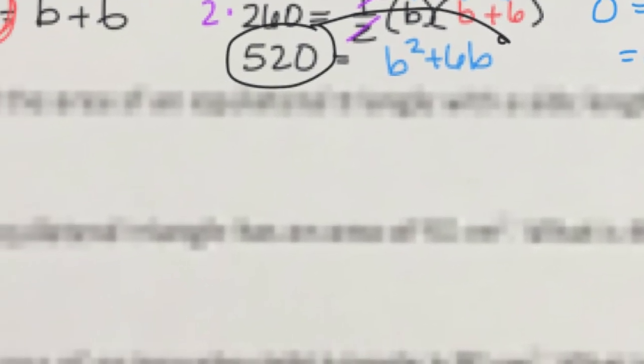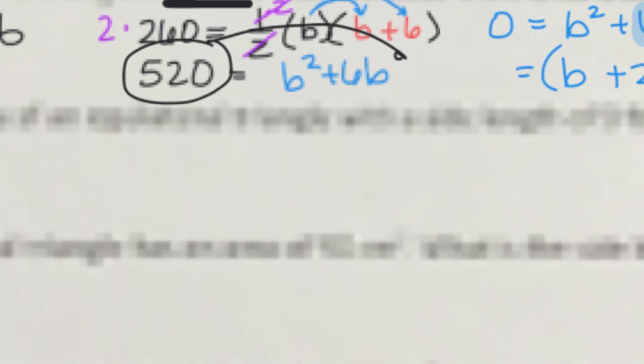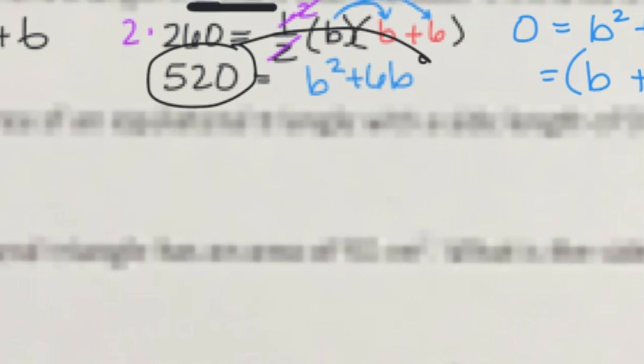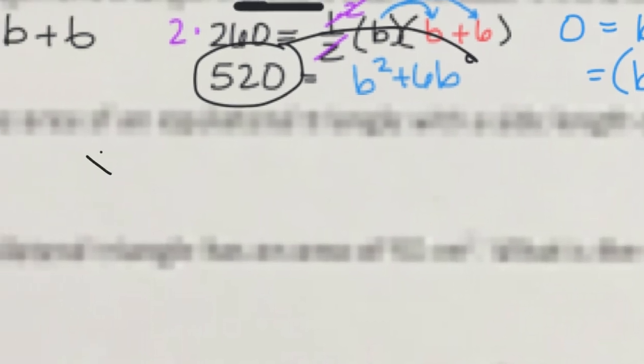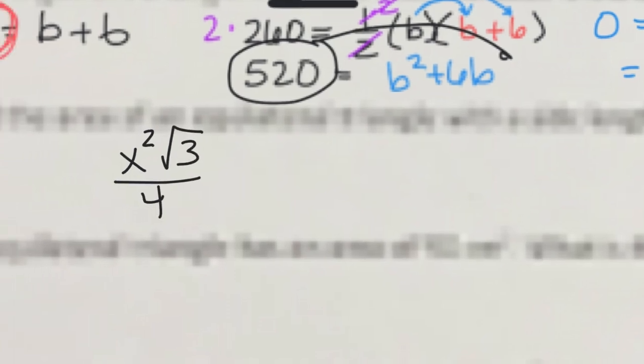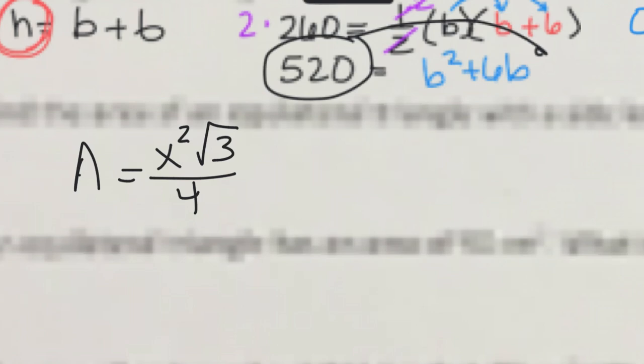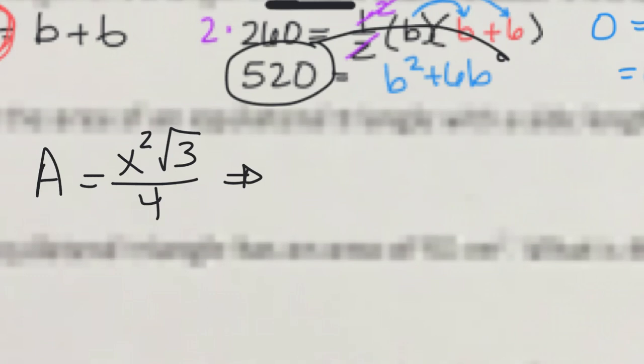Okay. The area of an equilateral triangle with a side length of 6. This is the formula you need to memorize: side squared, root 3, divided by 4. That is the area equation for an equilateral triangle. Commit it to memory. When you come into class tomorrow, look at this, memorize it, memorize it, memorize it.